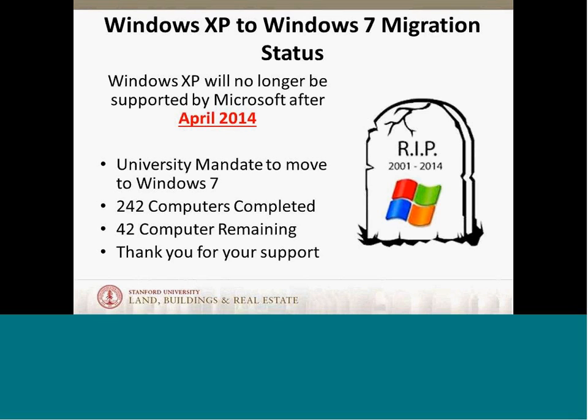That also includes computers that have some sort of exception because an application is not compatible with Windows 7, and we are working out all those details to get those folks moved to Windows 7 as well by April of 2014. Any questions here? I can pause here and take questions you may have.